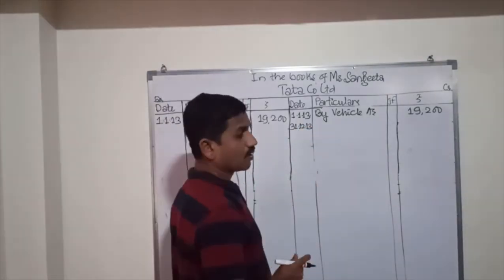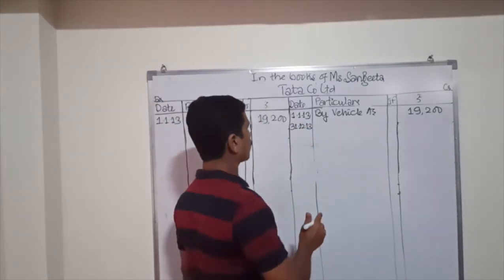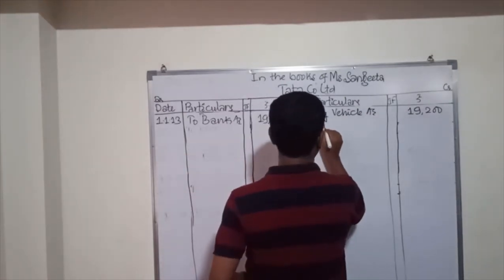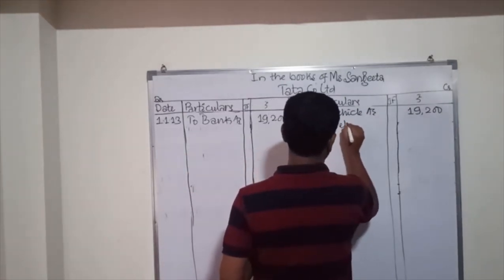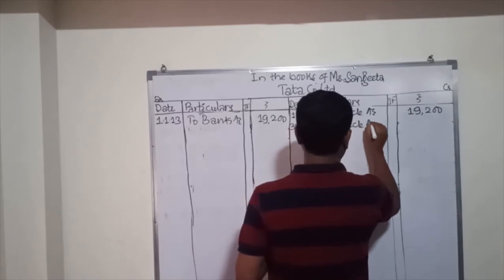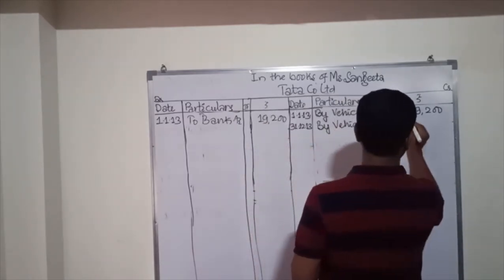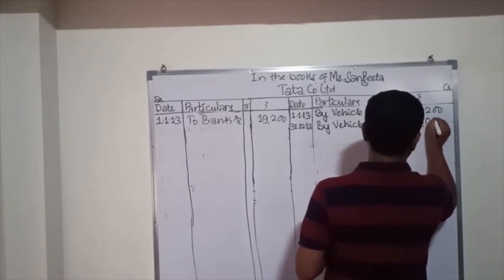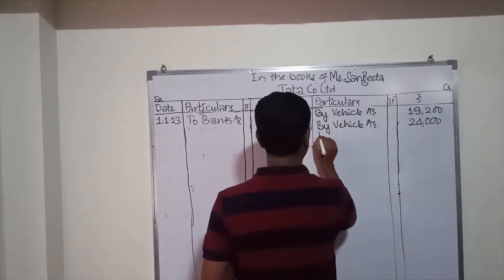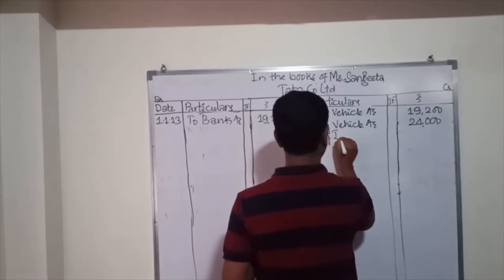The first installment, it is due on 31st/12/2013. Then the entry will be vehicle account debit, interest account debit to Tata Limited. So Tata Limited is credited by vehicle. So the first here it is 24,000. On the same day, interest by interest account.